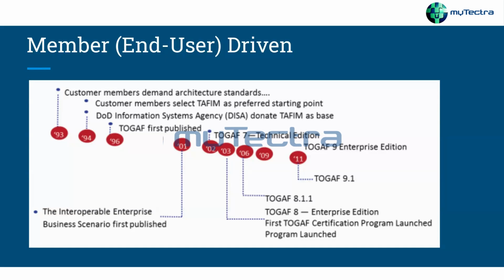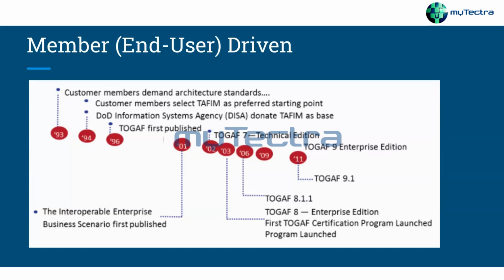TAFM, as I said, is a US defense agency thing. It was donated by the US Department of Defense, and it had the architecture standard base. That's when it was published, in 96. Slowly, as things got added up, finally in 2011, 9.1 was introduced.